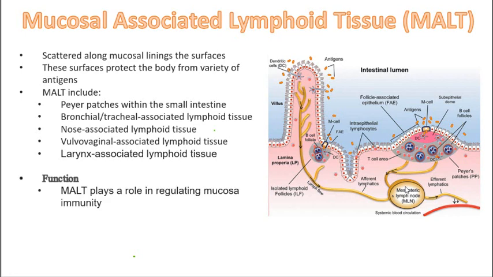So basically those are lymphoid tissues located throughout the body, and they play a major role in regulating mucosal immunity. They regulate if there is any sign of pathogen in the mucus, so they could initiate a lymphoid response. And when we say mucosal surface, we know that the mucosal membrane is exposed to the external environment.